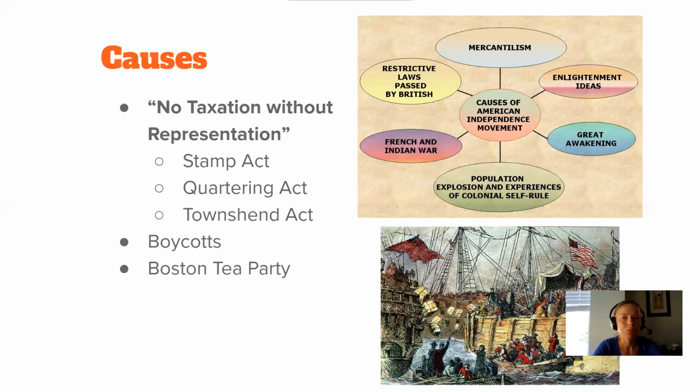Probably the most famous example of this is Rosa Parks and the Montgomery bus boycott in 1955. Remember, in that case, Rosa Parks refused to get out of her seat because she was protesting the unfair segregation on city buses, that whites were allowed to sit at the front of the bus, but blacks had to sit in the middle and the back.